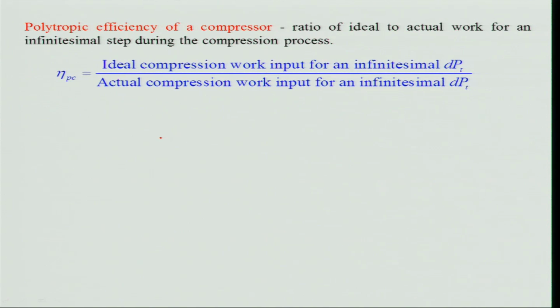That is, polytropic efficiency is basically the ideal compression work input for an infinitesimal pressure change dP_t, which is very very small, divided by the actual compression work input for an infinitesimal dP_t pressure change, right. Keep in mind we are doing this for the compressor, and we will look at the turbine also.